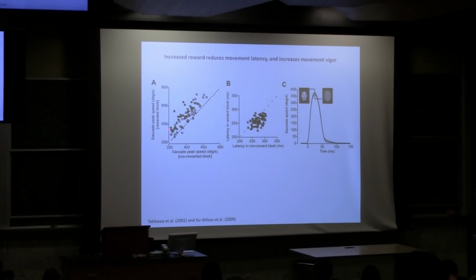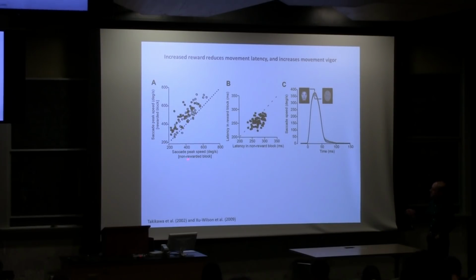So what you see here on the left side of this figure is that the reaction time is shorter when they're going to be rewarded as opposed to when they're not rewarded. So data tends to be left of this identity line.